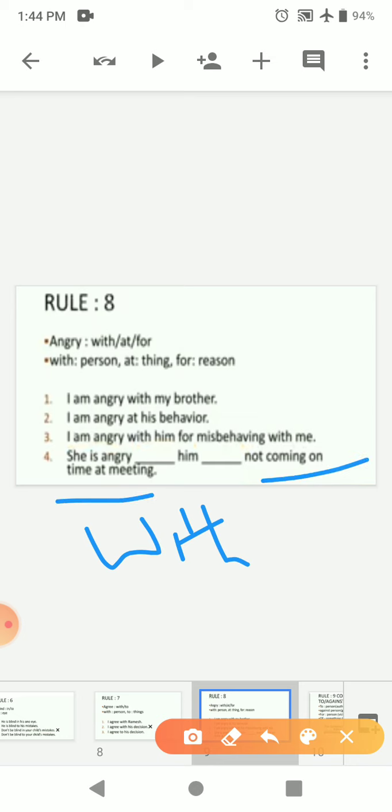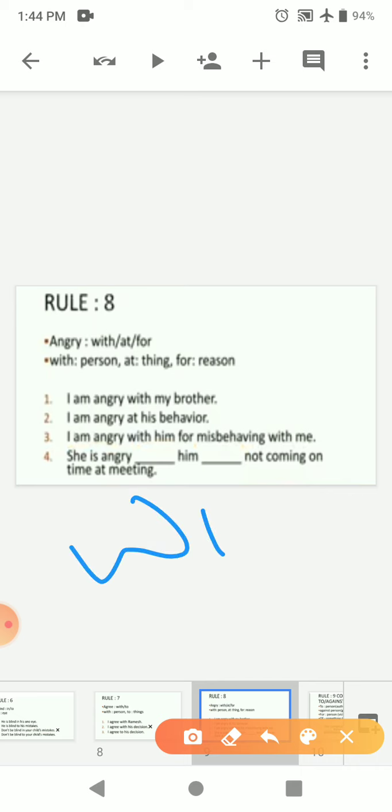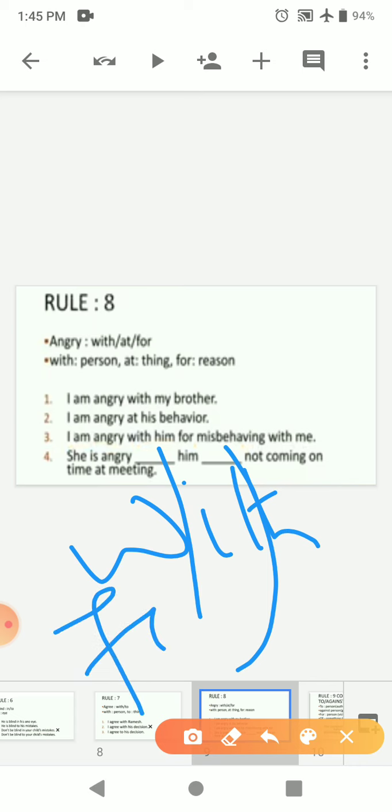Reason is mentioned here, so we use for. So she is angry with him for not coming on time at meeting.